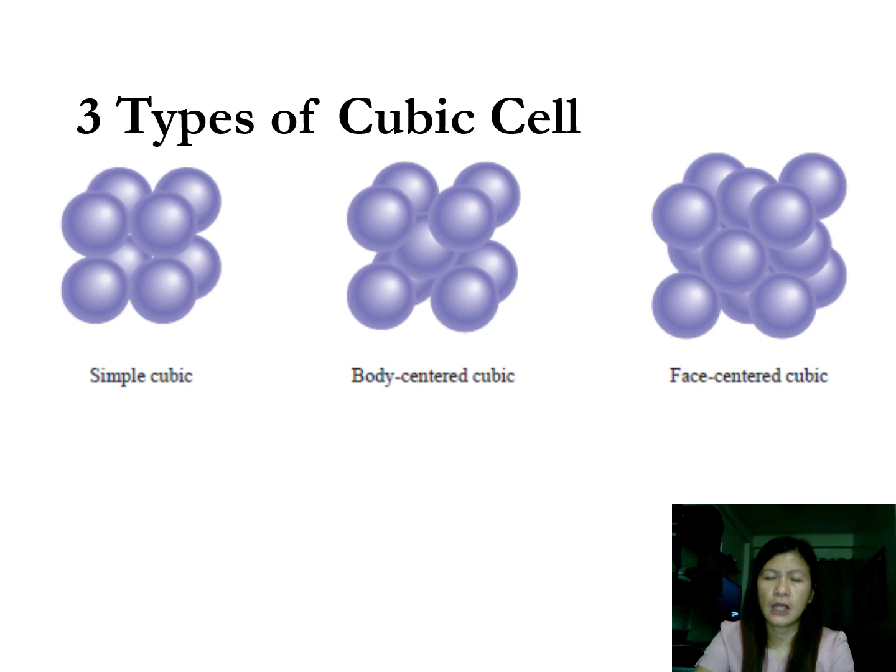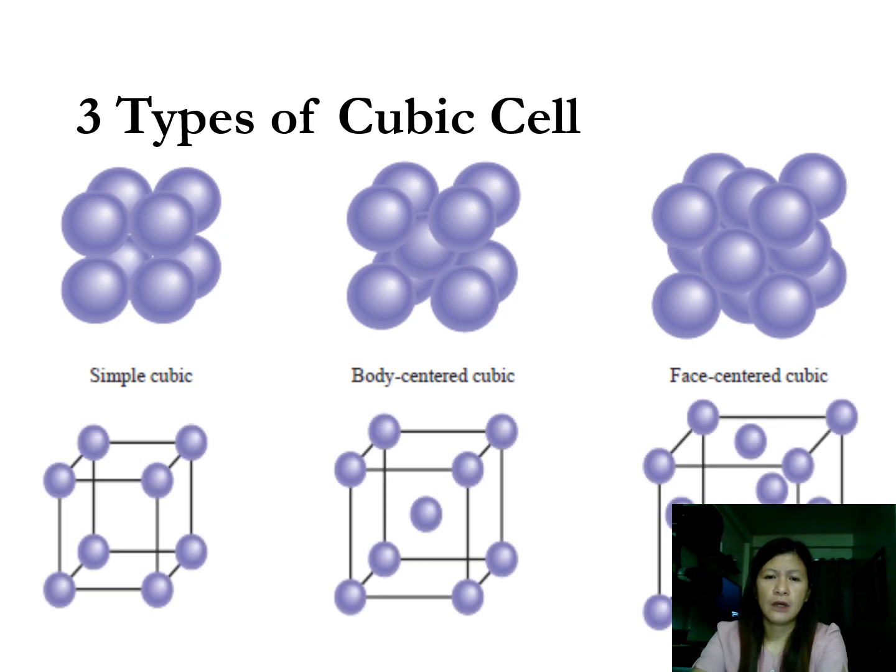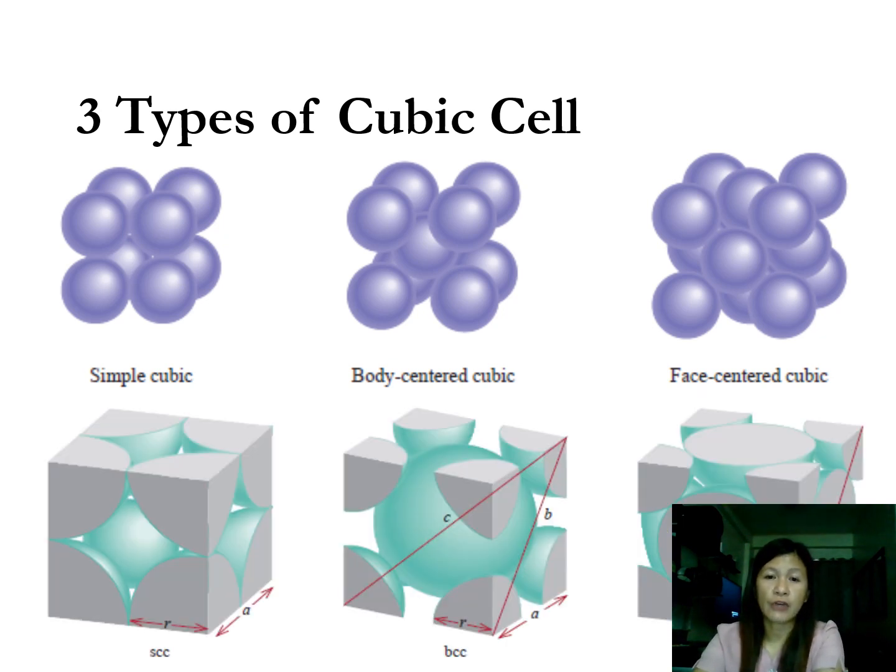In body-centered there are 4 and 1 in the middle of all the 6 faces. In simple cubic there is no central atom or atom in the middle of atoms in each face. So that gives the simple cubic the smallest number of atoms or particles, and face-centered the highest number of atoms. These are the definitions of the atoms in each cubic cell, and these are the cross sections.